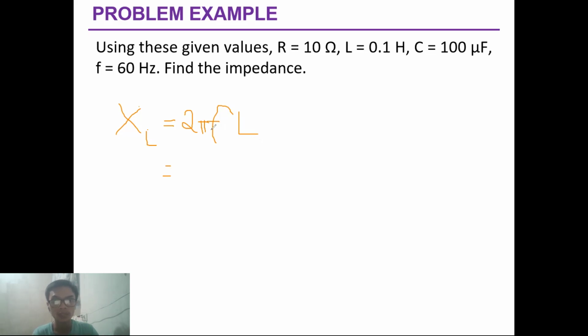So substituting the values, we have 2 pi, the frequency is 60, and the inductor is 0.1 Henry.